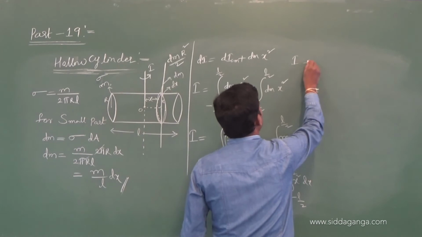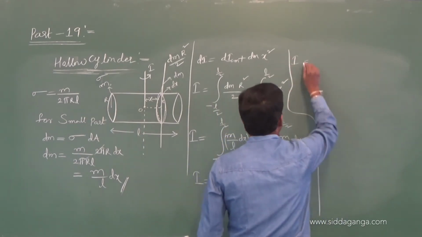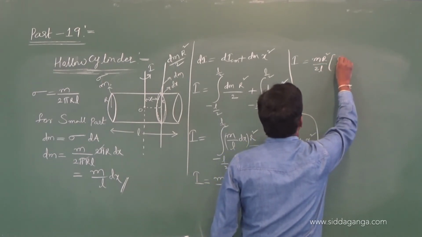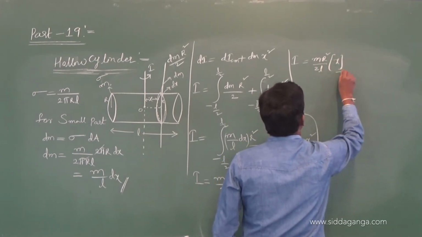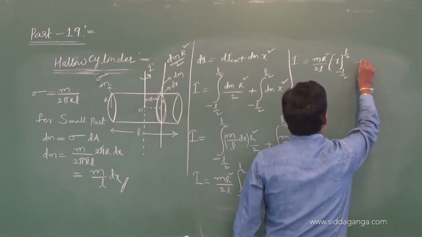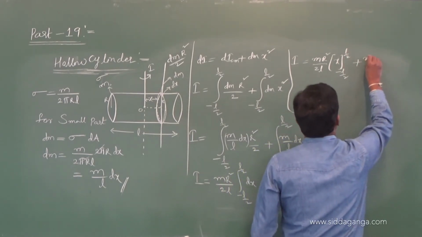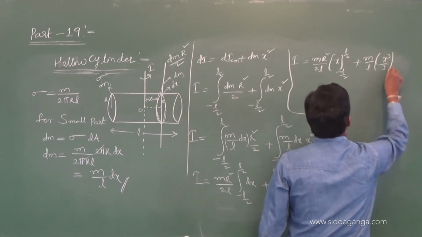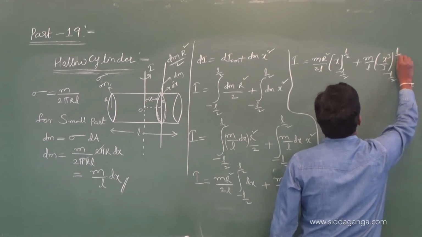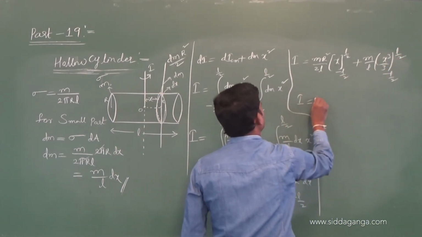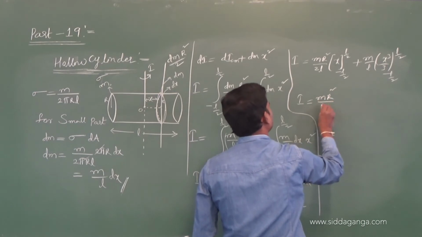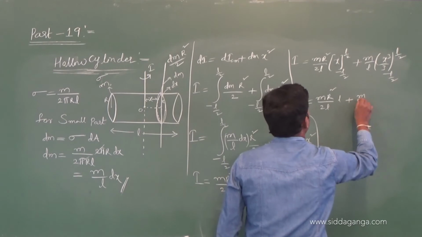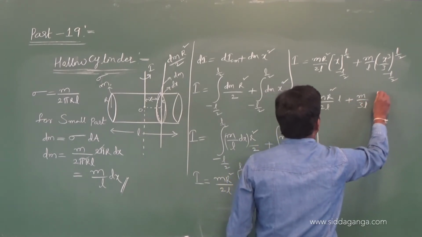So, I is equal to m r square by 2L, integration of dx is x, from minus L by 2 to plus L by 2, plus m by L, this is x cube by 3, from minus L by 2 to plus L by 2. So, I is equal to m r square by 2L, L by 2 minus minus L by 2, this is L. This is m by 3L, L by 2 whole cube.